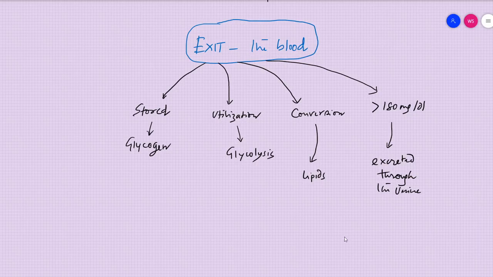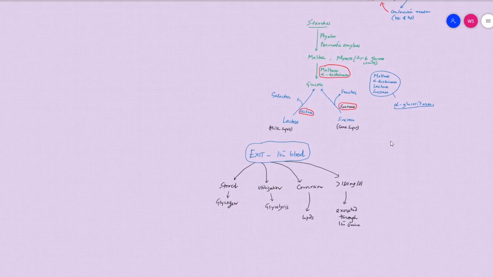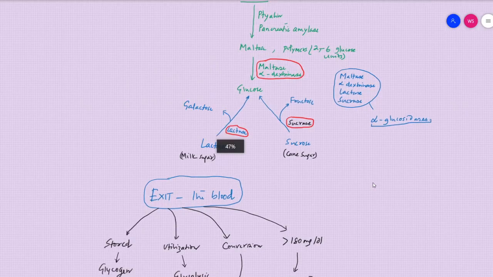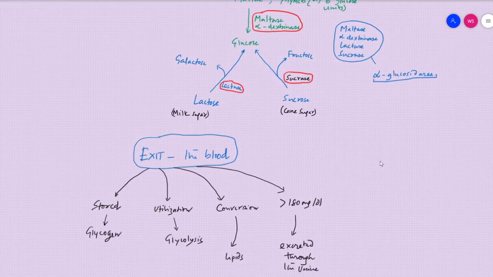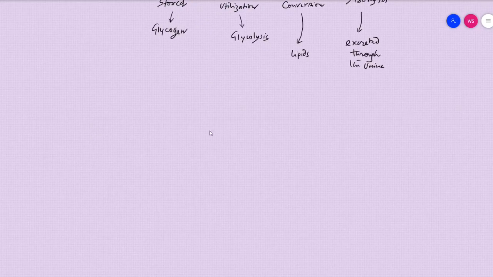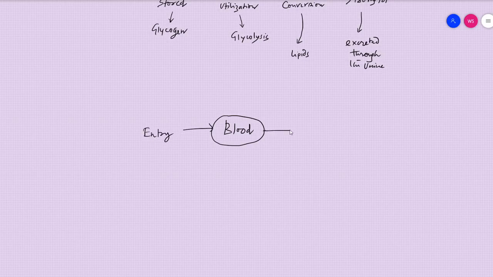So why is all this important for us as pharmacologists, or as practitioners? The idea is, we have said that there is blood, there is entry of sugar into blood, and there is exit of sugar from the blood.